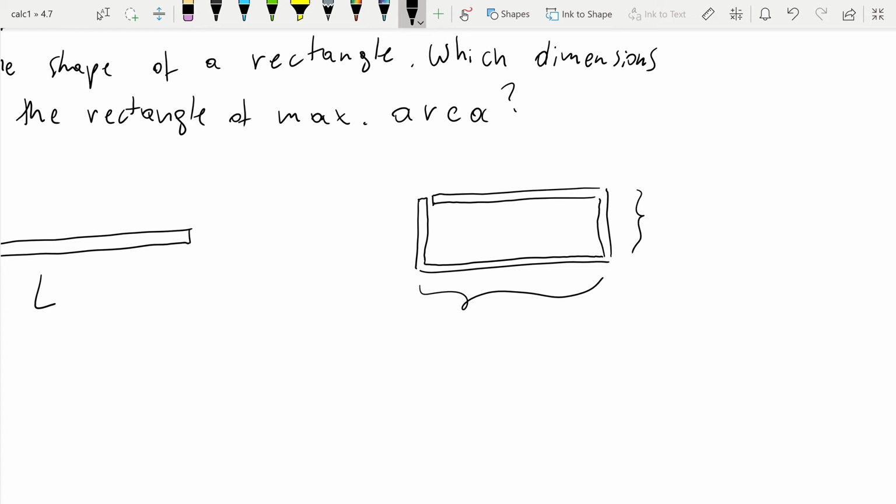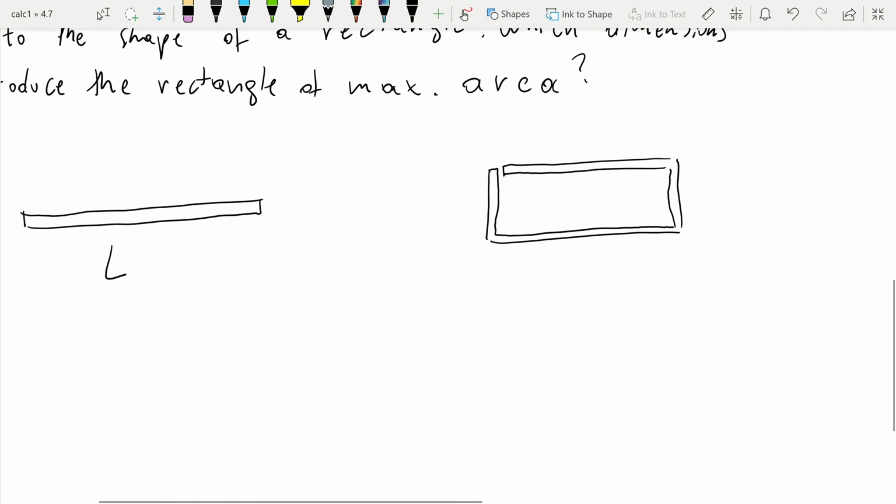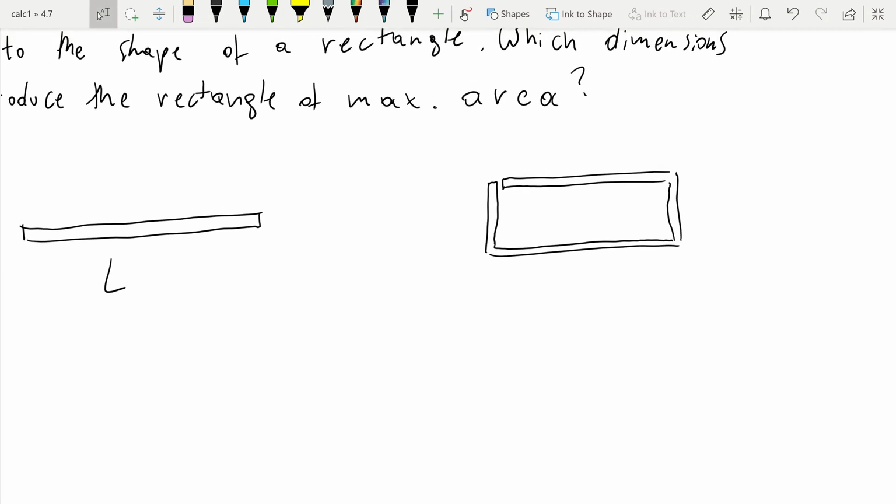So the point in between is when both sides have the same length, and that corresponds to a square. But we are here not interested in the actual answer, but how to get it in a way that could be transformed into a method.